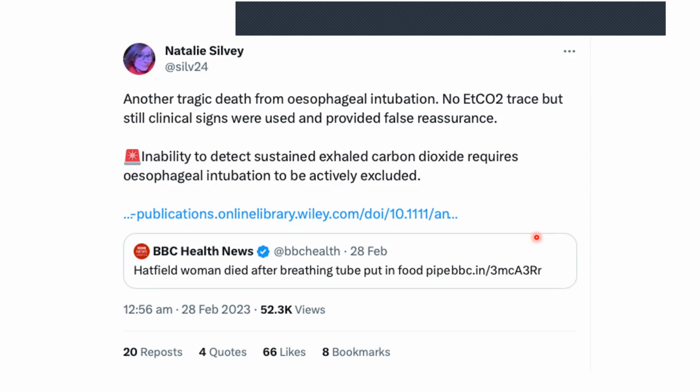They argue that the best way to confirm is CO2: no trace, no place. So what happened is this young woman had ARF. Then from the HD center she was fed, and then came to ED and was intubated. And sadly it happened during COVID, very very busy.